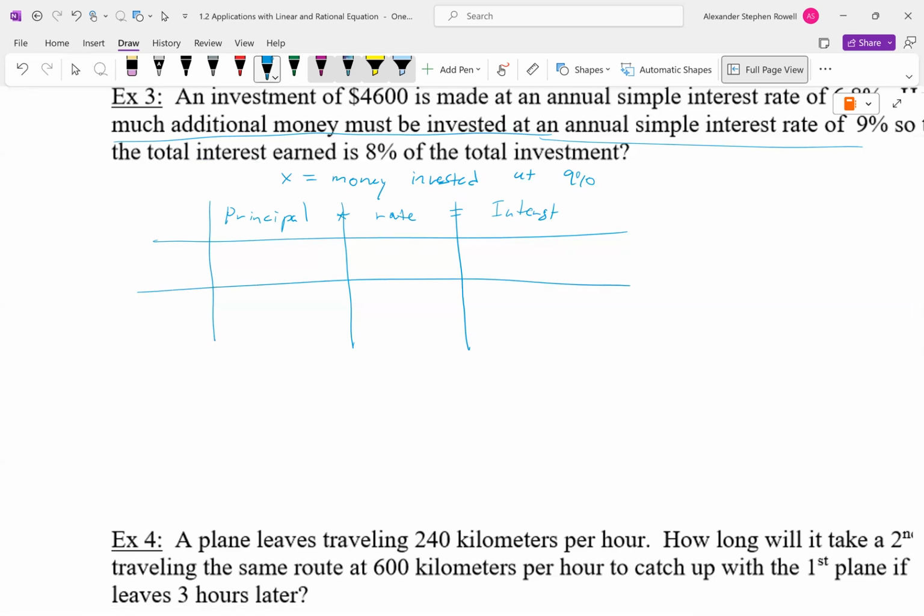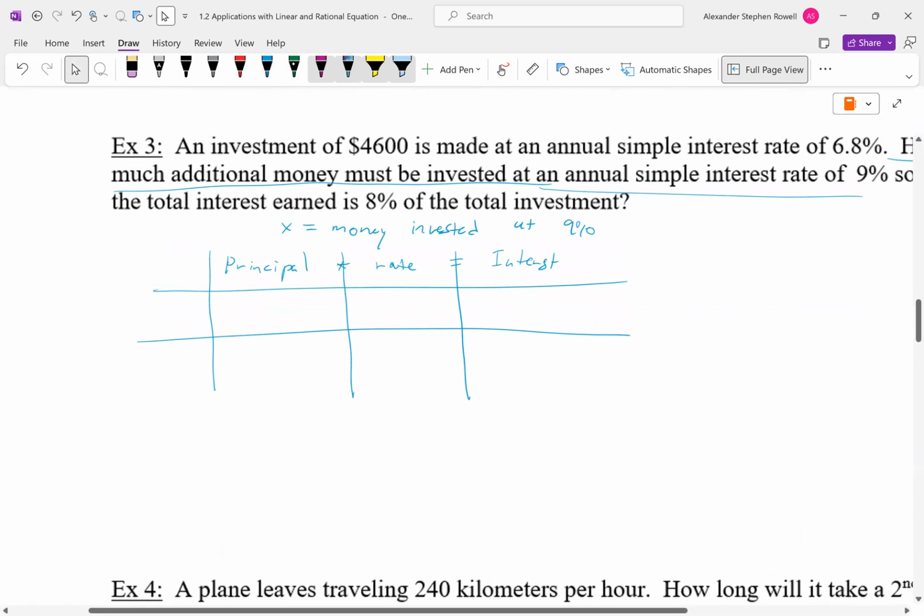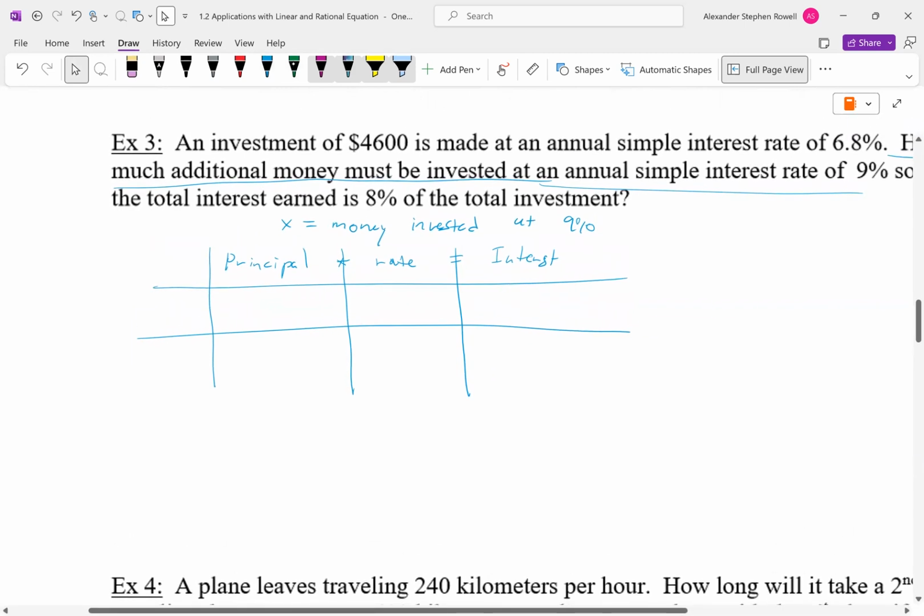So the first row of our chart is going to be given by the first investment. So what's our first investment? Yes, it's a 6.8% yielding investment. So how much money was invested?